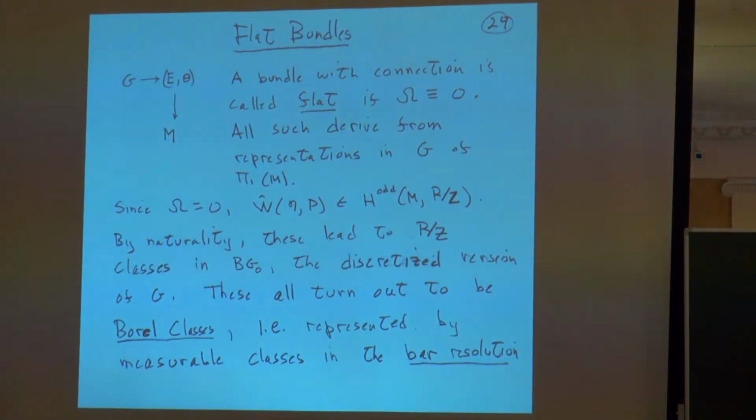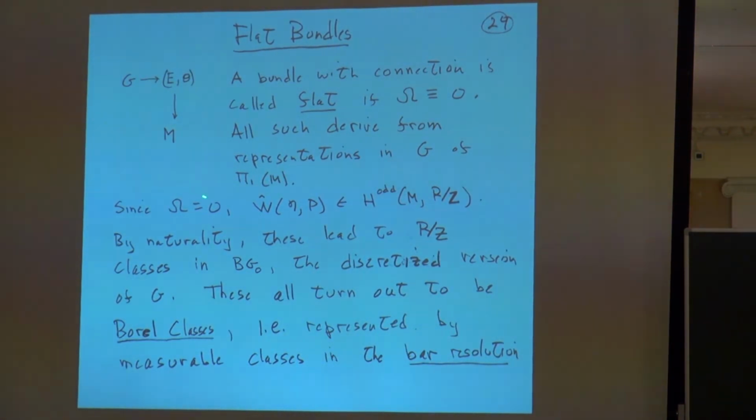I want to talk about flat bundles a little bit, because these things exist in the case that the bundle is flat, if omega is 0. Now, all flat bundles come from representations. This is a principal G bundle over M, with connection, but it's flat, okay? And all those come from representations of the fundamental group of M in G. Those representations really tell you what the holonomy is around a closed curve.